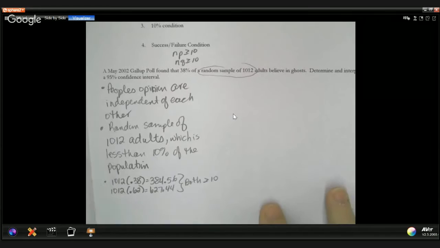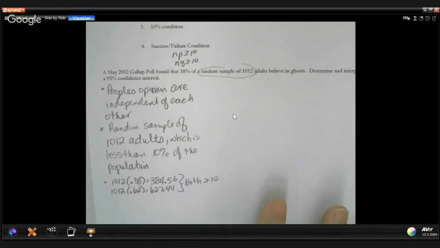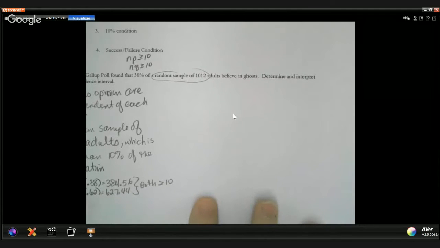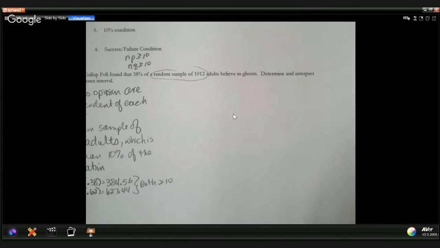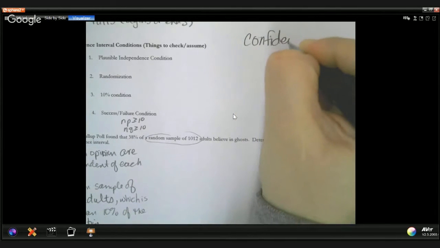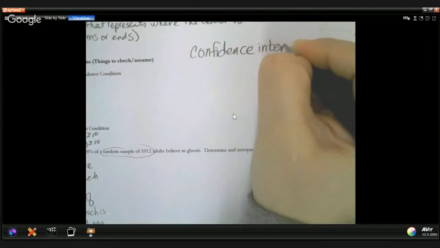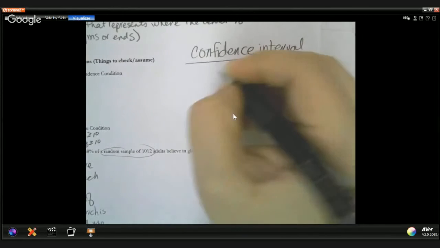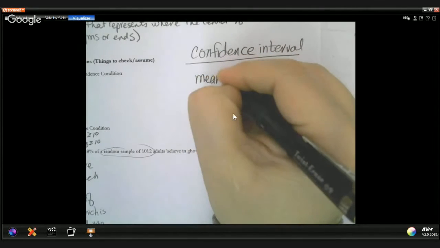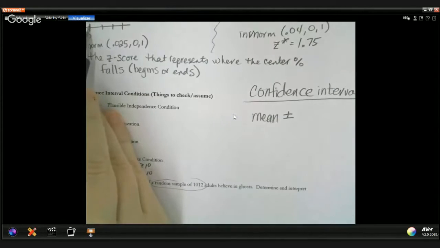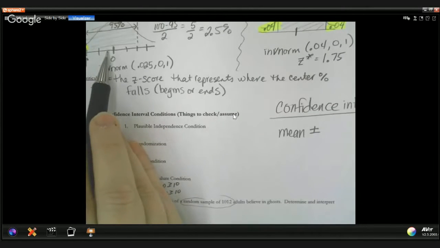All right, so now what I need to do is, since it's asking for 95% confidence, the confidence interval, the way we find it, and somehow I didn't squeeze that in up here, let's write this down here. The way you find your confidence interval is your mean plus or minus, because remember, it's always based off our mean.